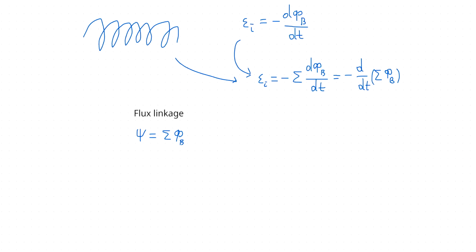And in case of the same magnetic fluxes in n turns, we will have that psi is equal to n phi B. So in this case, we have this flux linkage.